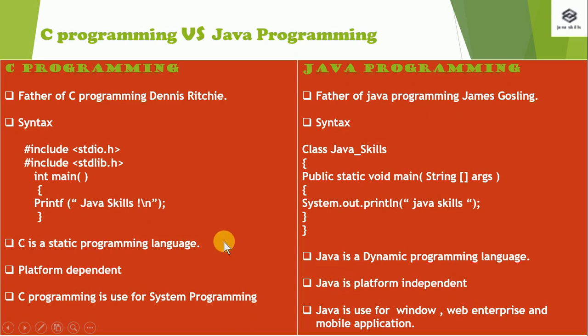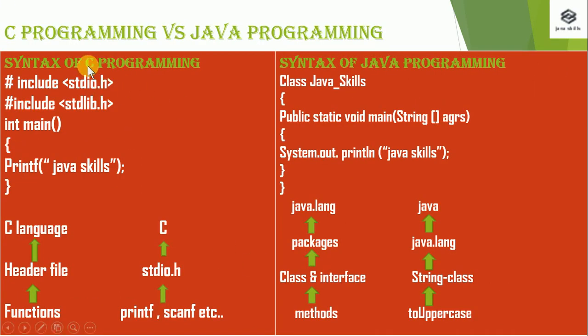Now we will see the syntax. Syntax of C programming: #include <stdio.h>. This is the header file. This is the most important file. Whenever we write a C program, we have to write this header file. #include is a preprocessor command which says to include stdio in the program. stdio.h is for input and output.